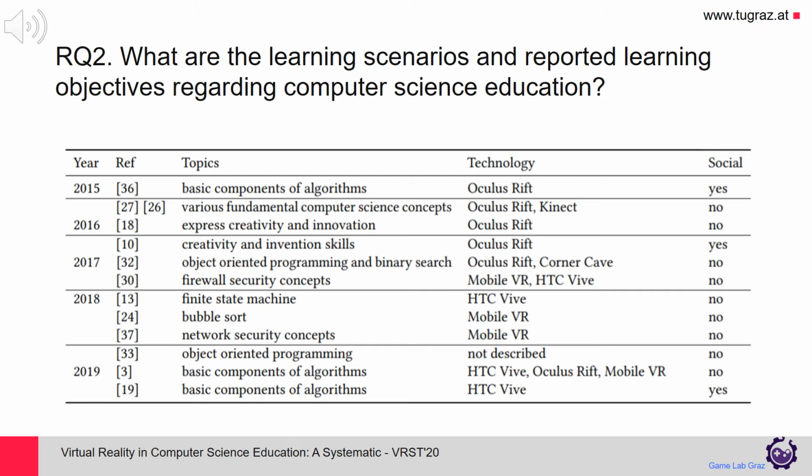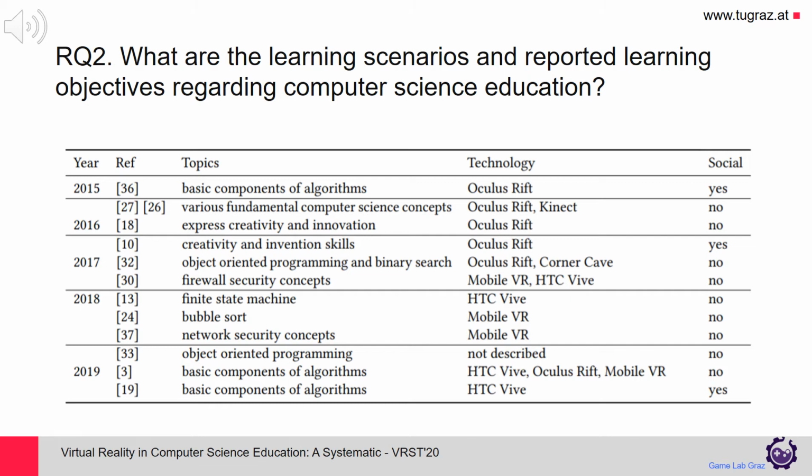Pudavong, VRST20, and Haga designed a virtual reality firewall security edutainment program to teach about firewall security concepts. Dengel transferred a popular computer science unplugged game for learning about finite state machines in a VR treasure hunt game. Further, Nicola, Stoisu, Tivadar, and Patroscu created a VR application for learning the concept of bubble sort.